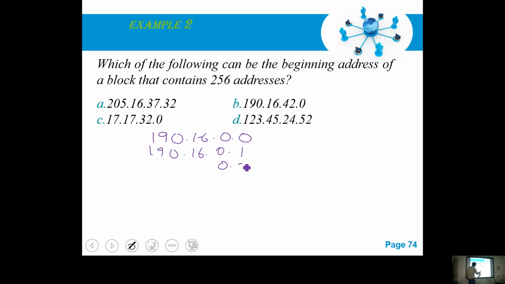If I have 4 addresses? 3. If I have 8 addresses? 7. So, can you find the last address by looking at the number of addresses? Whatever the value I have, subtract 1 and add here. So, what is the last address I get here in this case? 0.255.